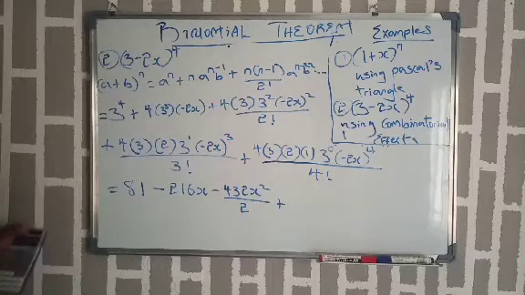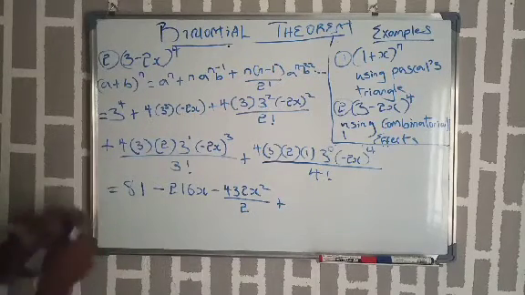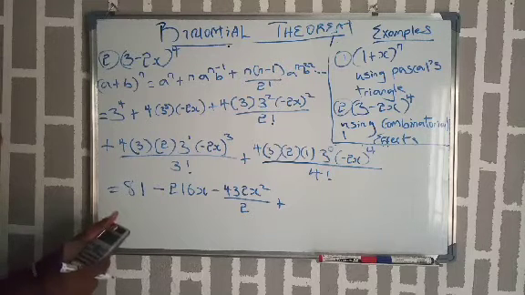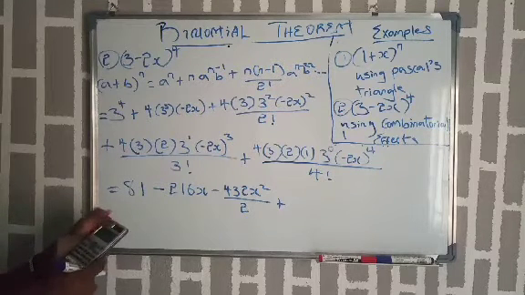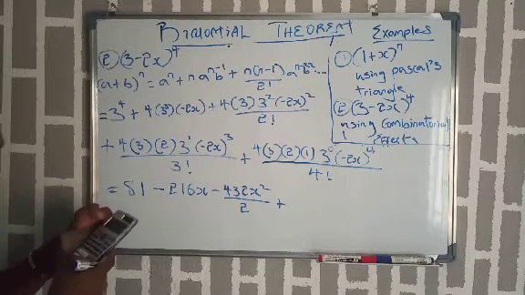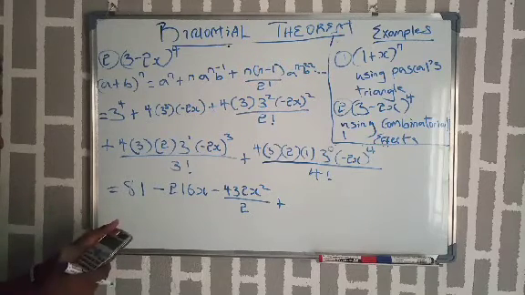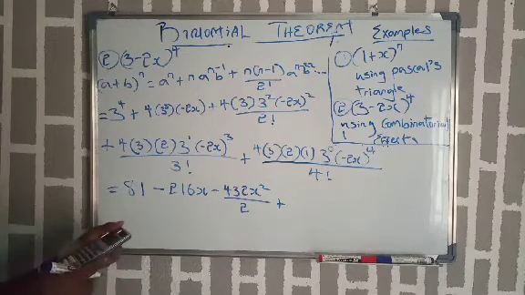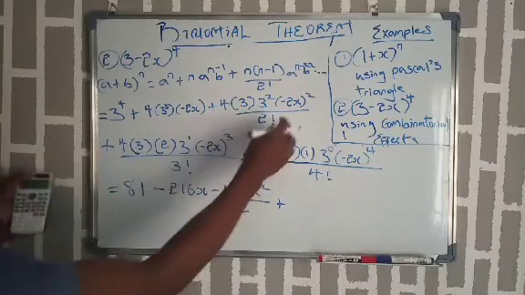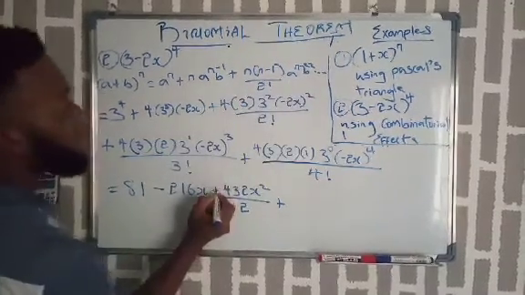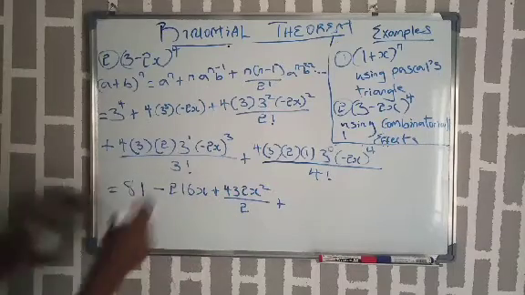Plus, now this is 4 times 3 times 2 times 1. Sorry, 4 times 2 times 3 multiplying 8. This is minus 2 times minus 2, so it should be positive 4 for that other one.